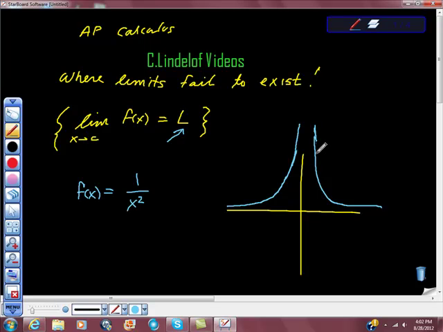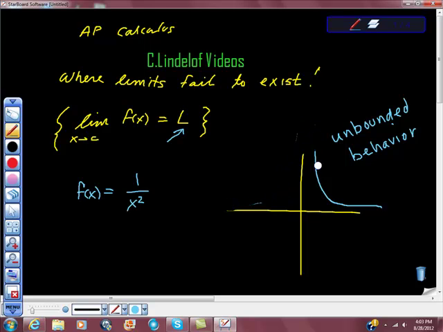Because this is considered unbounded behavior, which is exactly what it means: it doesn't really have a good boundary. The first example we saw was because the function was approaching two different L values. Here, it's not approaching any L value. It's becoming infinitely high. The behavior is unbounded. So the second case is unbounded behavior.